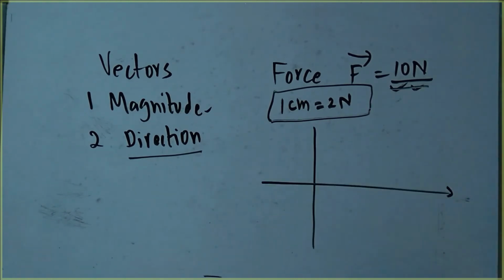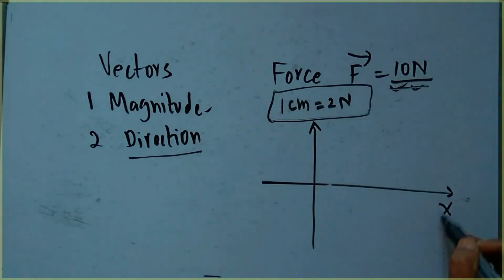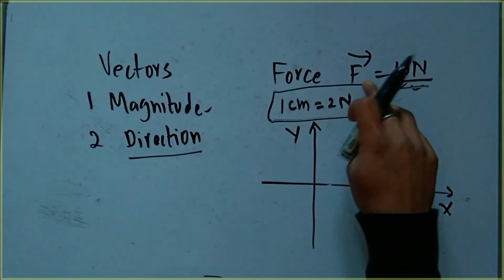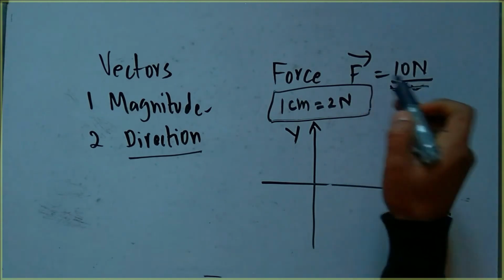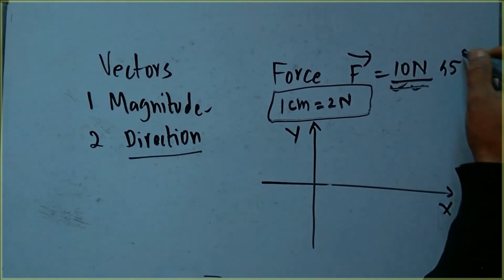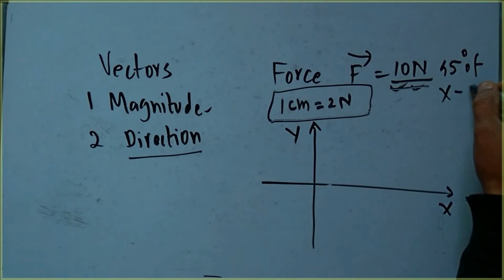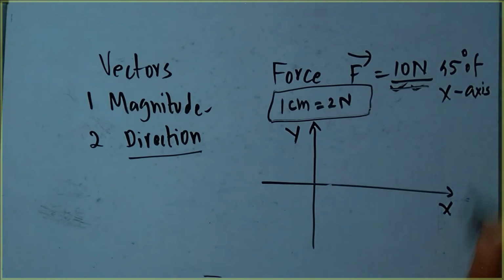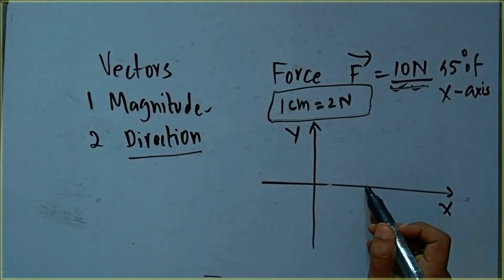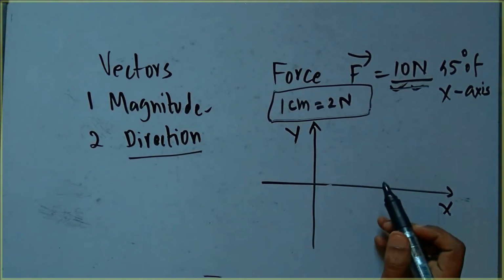This is a two-dimensional Cartesian coordinate system. This is x-axis, this is y-axis. Now we'll fully define our vector. Vector F is equal to 10 Newton, 45 degree of x-axis. We know the direction anti-clockwise of x-axis is always positive.